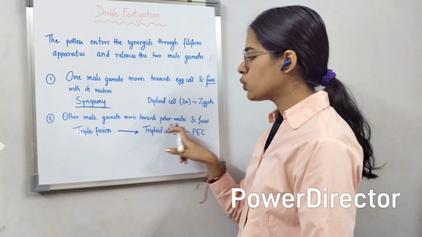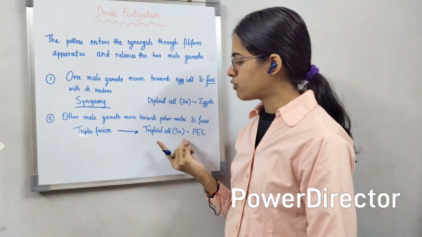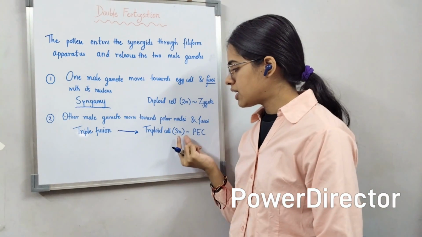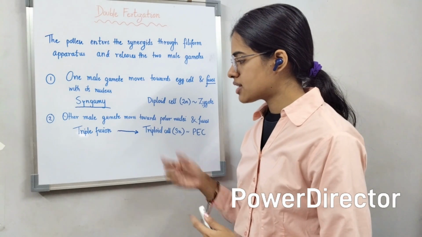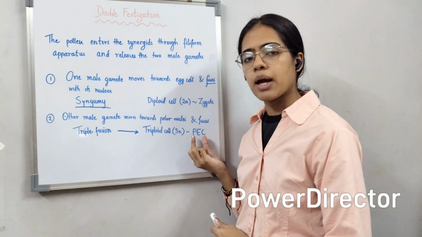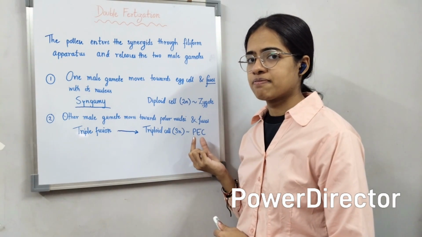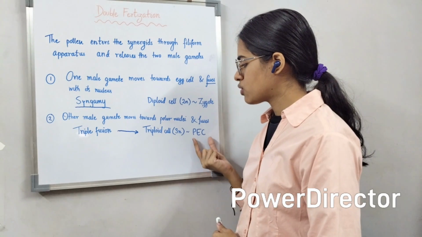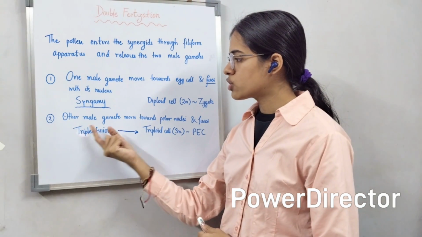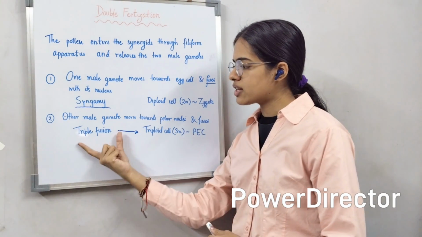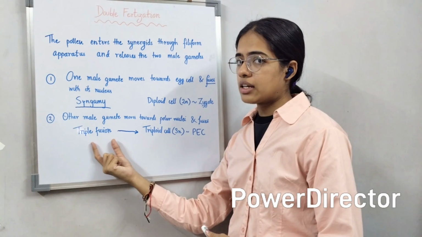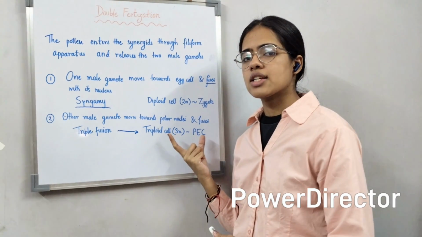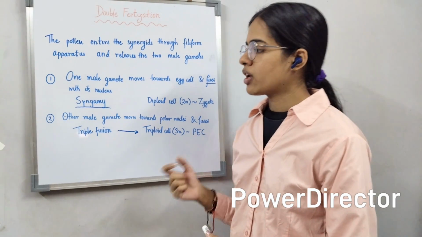One haploid cell and two haploid cells fuse together to form a triploid cell, 3N. Okay. So the fusion of a male gamete to two polar nuclei is called a triple fusion, and it leads to the formation of a triploid cell, that is a primary endosperm cell.